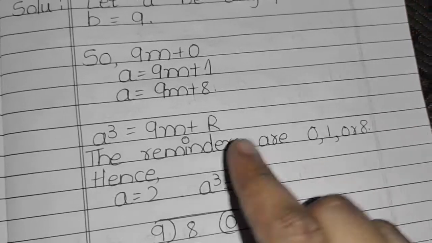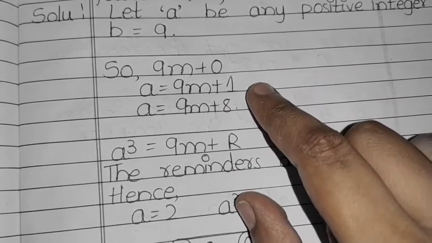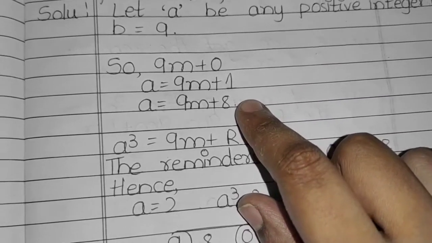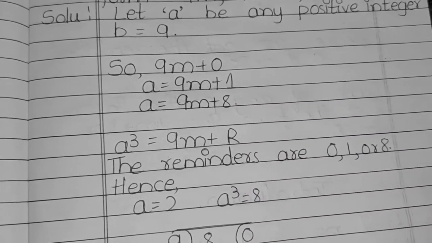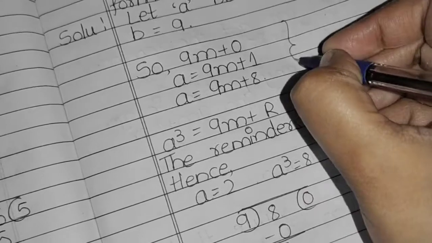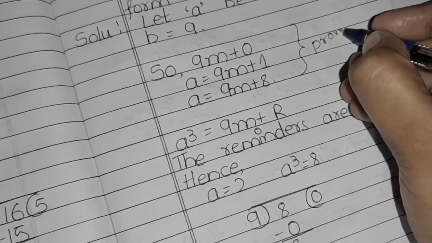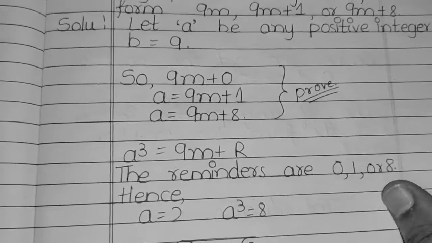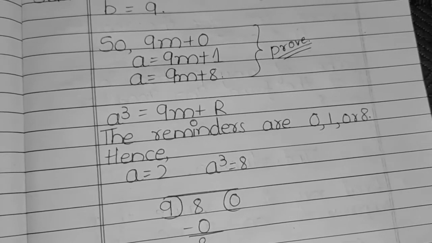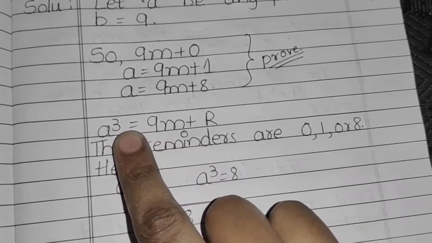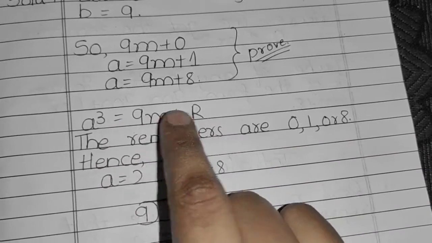So what they have told is 9m plus 0, 9m plus 1 or 9m plus 8. You have to prove it. Let me keep a cube as they have told in the question. A cube is equal to 9m plus r.